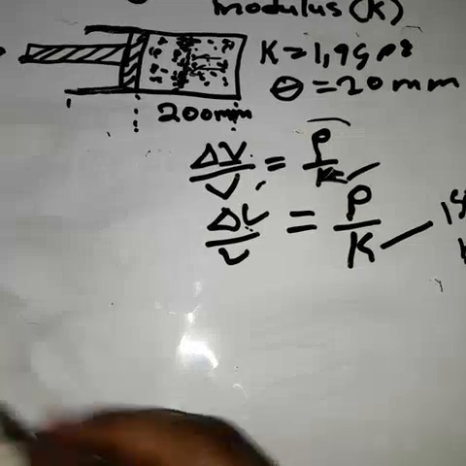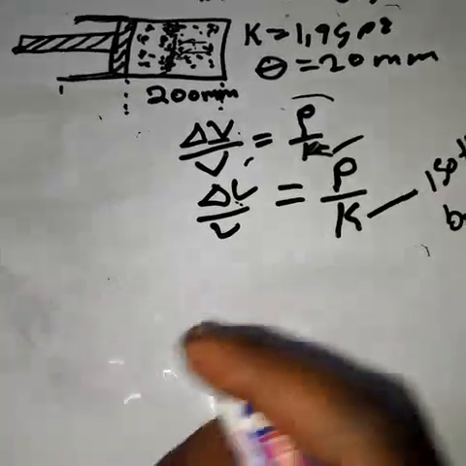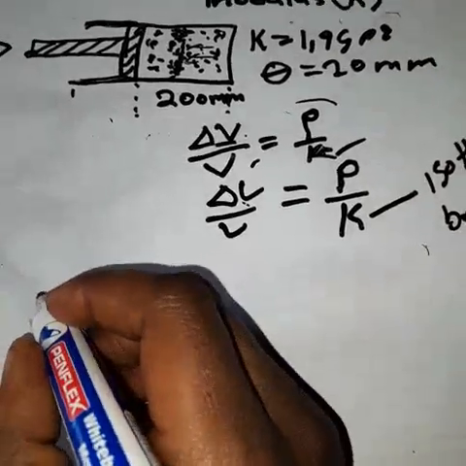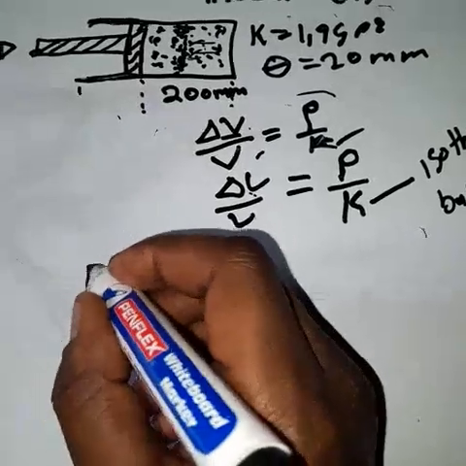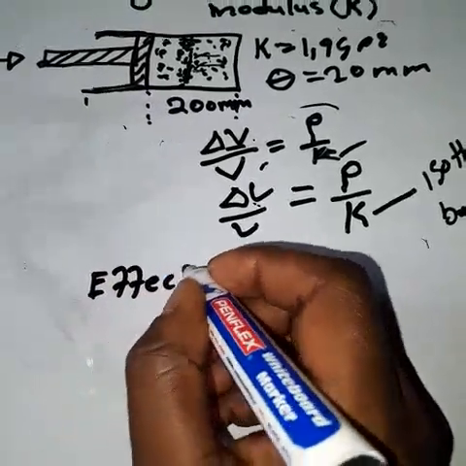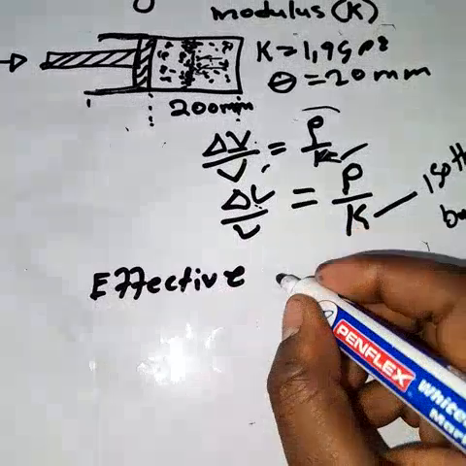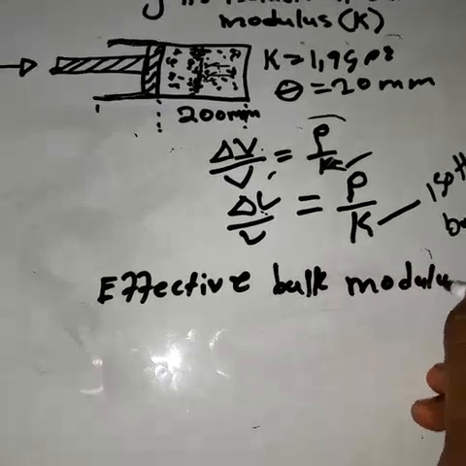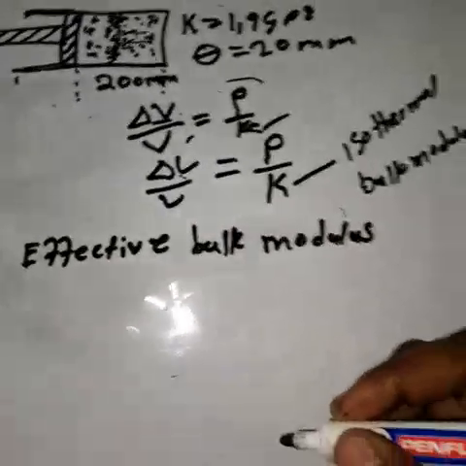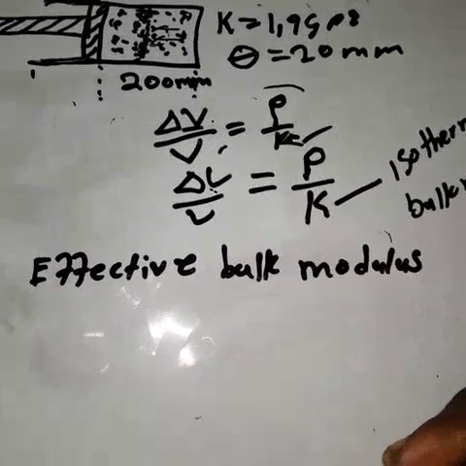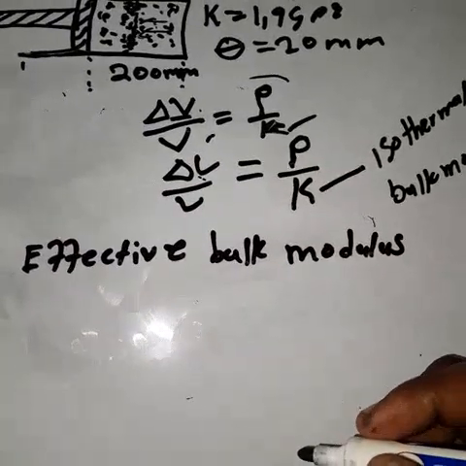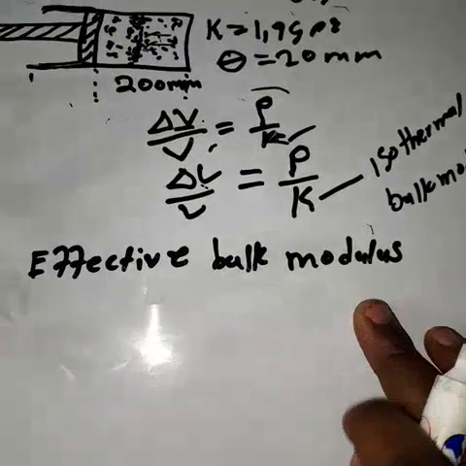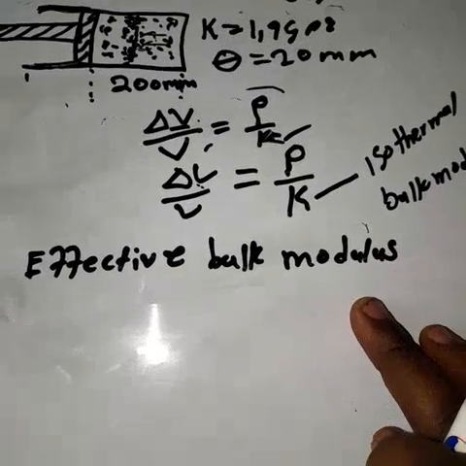To break this down further, you can be given, again, something that we have to discuss, which is called effective bulk modulus. Now, effective bulk modulus, we must understand it also.